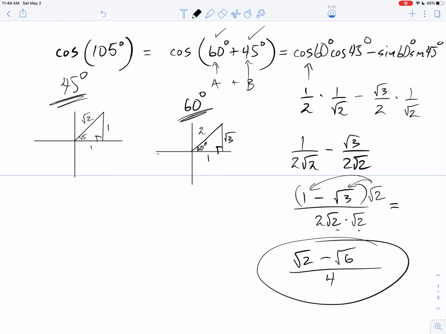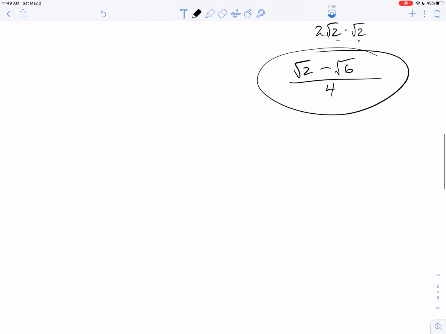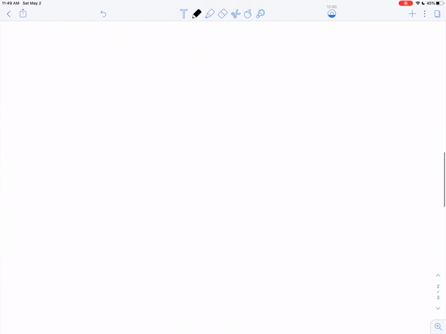But I do want you to see something like this. I'm going to scroll down a little bit. They are going to use radians too. They're going to do this kind of thing to me, those kooks. Cosine of, and I haven't done a negative angle one yet, so let's do this one.